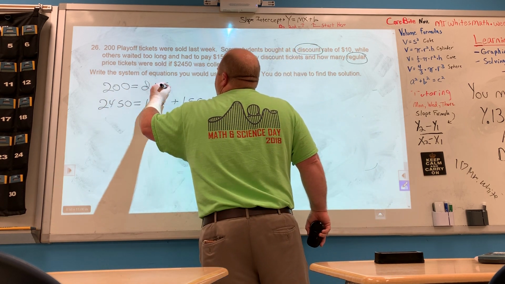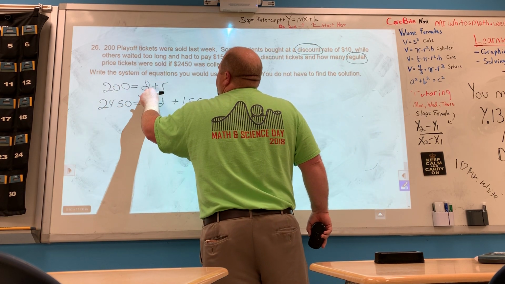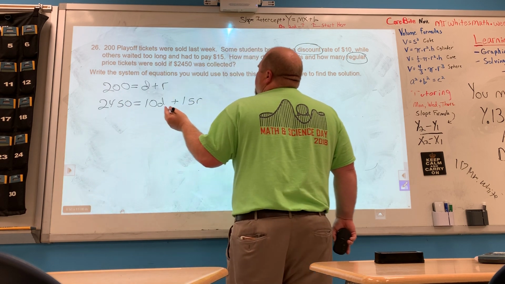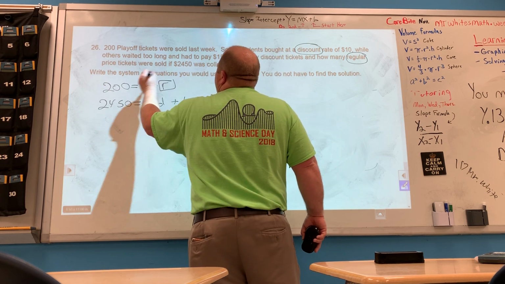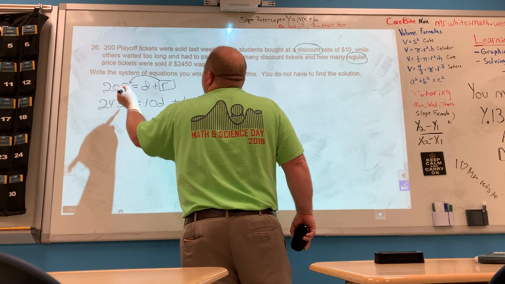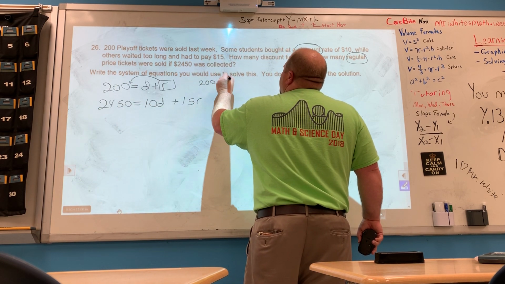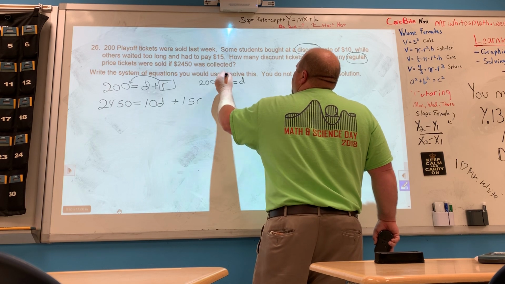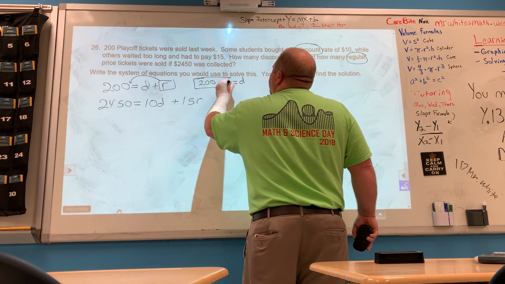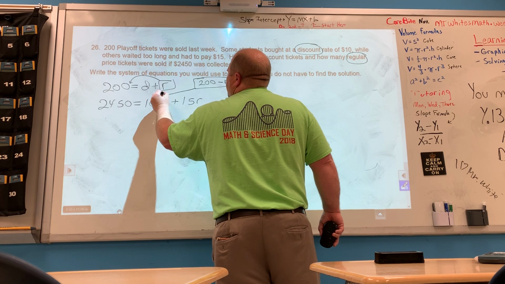Once again, I need to move something around to get this to say D equals or R equals. In this case, I could just move the R to this side. At that point, it would say 200 minus R equals D. Since I know the value of D, I can substitute it right here.